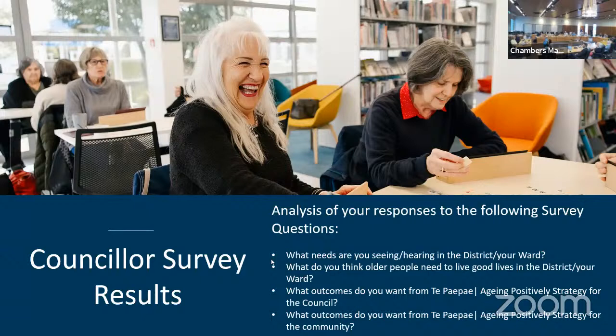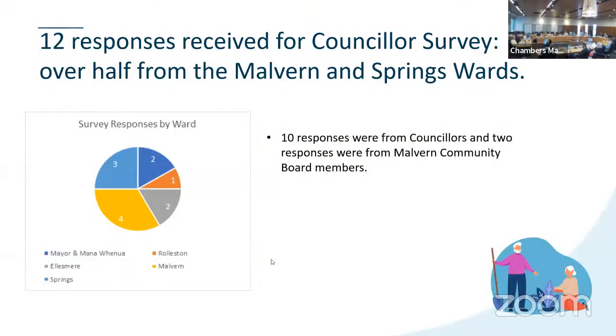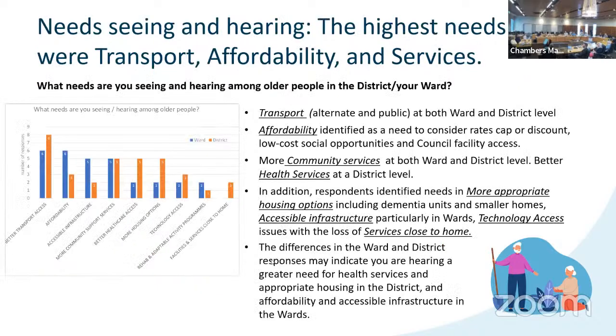We asked you what you think older people need to live good lives in the district and wards, and what outcomes you would like as council, and also what outcomes you want from Te Paepae Ageing Positively strategy for the community. So we'll just take you through those responses. Hannah's just been through this slide, so altogether we got 12 responses and 10 were from councillors and 2 from the Malvern Community Board members.